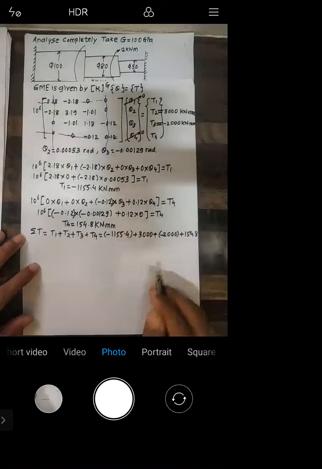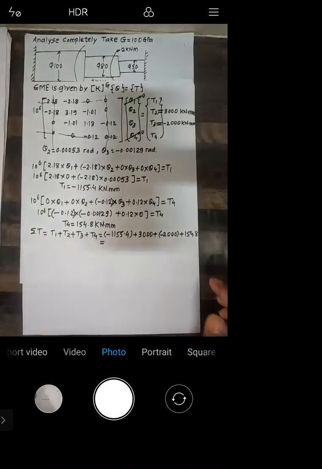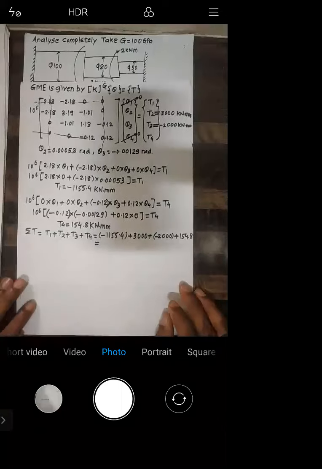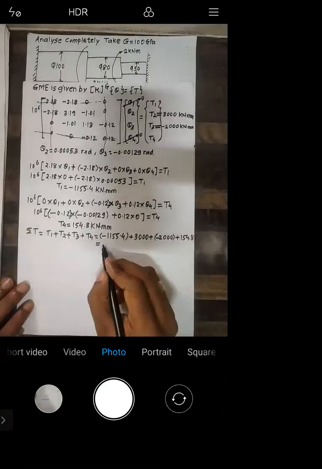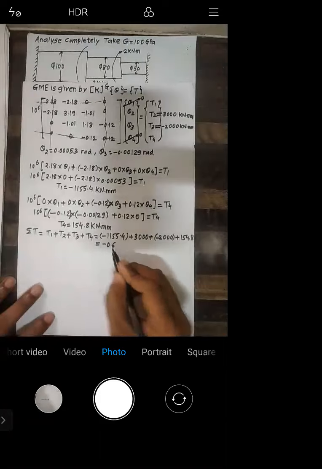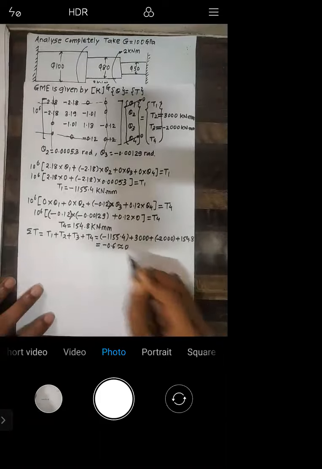So see how much we are getting. Answer: minus 0.6.